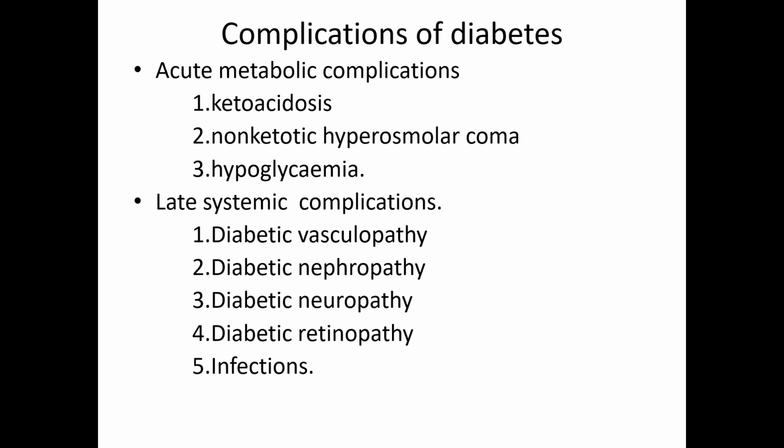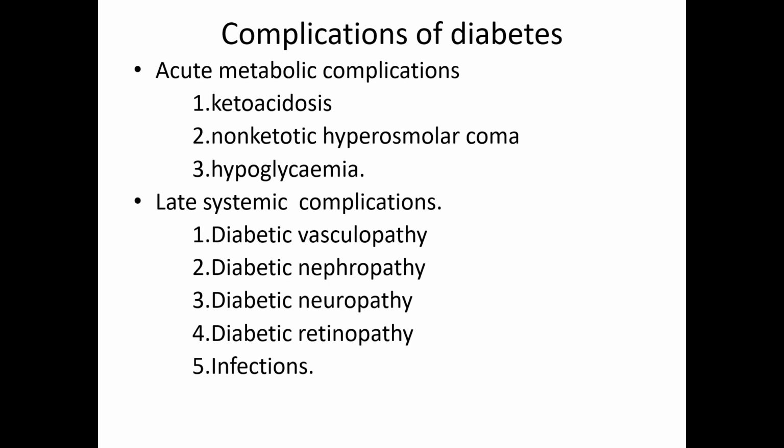Ketoacidosis is an important complication, most commonly occurring in type 1 diabetes, insulin dependent diabetes mellitus. Non-ketotic hyperosmolar coma is a complication occurring most commonly in type 2 diabetes.